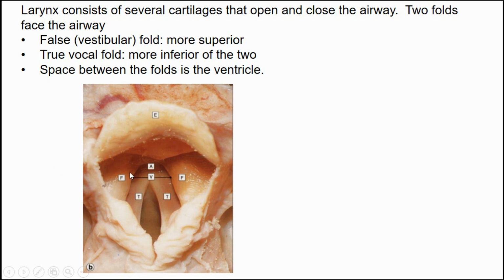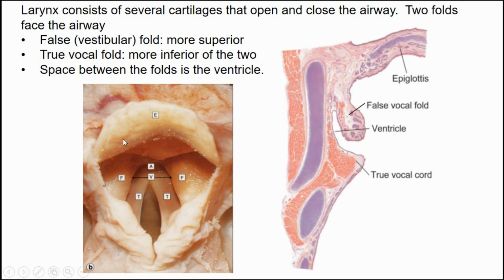As we look down, if you remember from head and neck when we talked about cranial nerve 10, we're going to see a false vocal fold first, a true vocal fold second. The space between the two is the ventricle, and the little gap between the two true vocal folds, that's called the rima glottis. That's the actual opening of our airway.